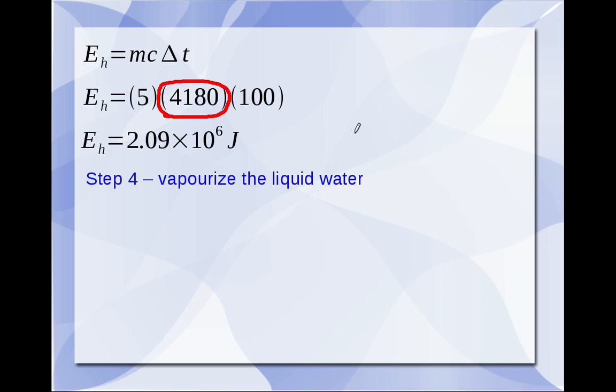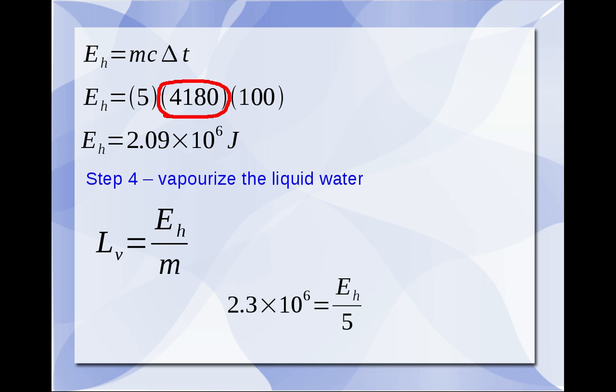Now we're going to vaporize the liquid water, changing it from liquid into gas. So we use our latent heat formula. And we'll substitute in the latent heat of vaporization for water. So there's the latent heat of vaporization for water in joules per kilogram.